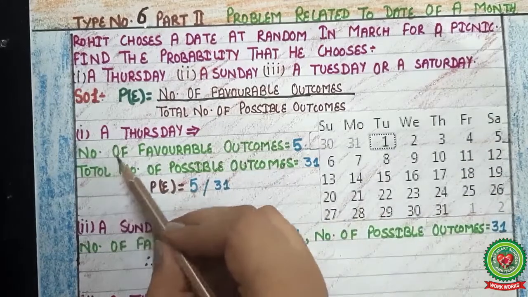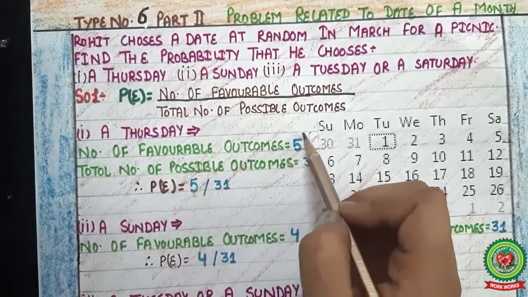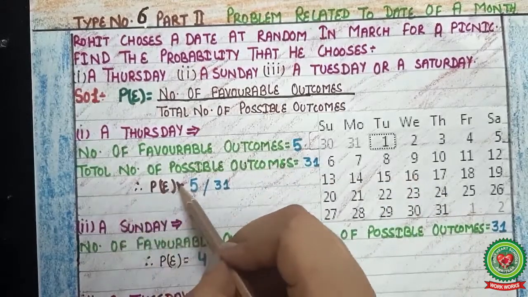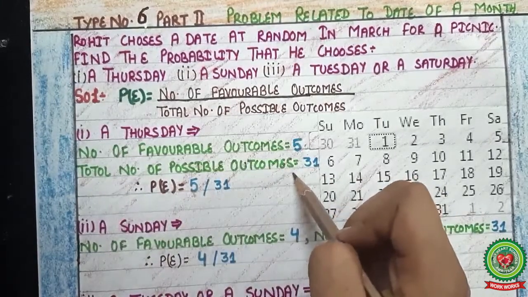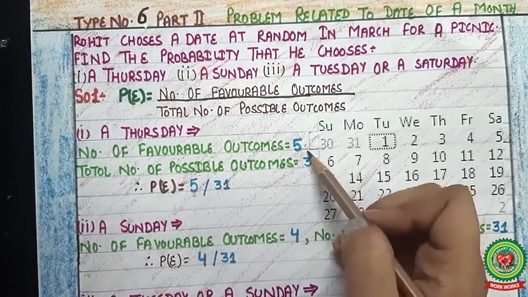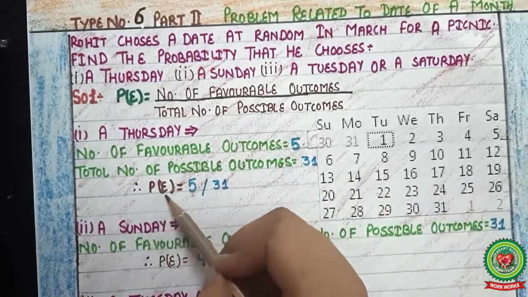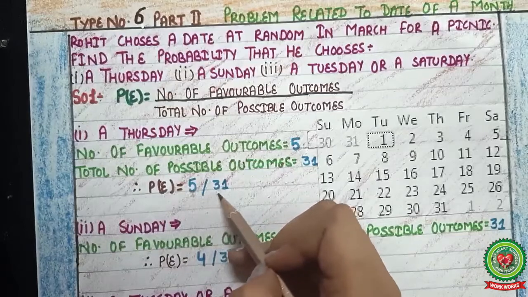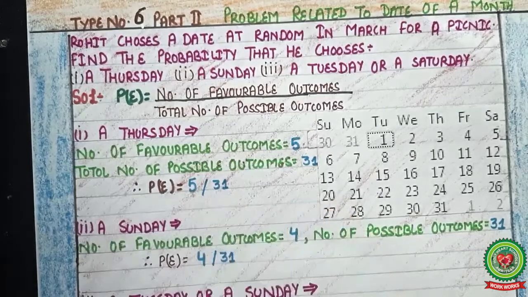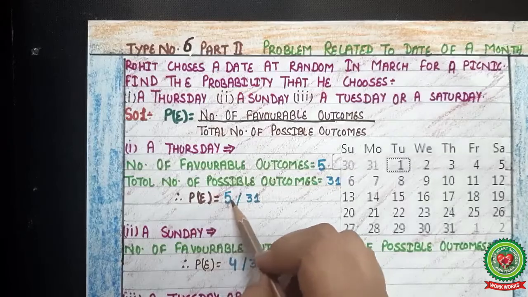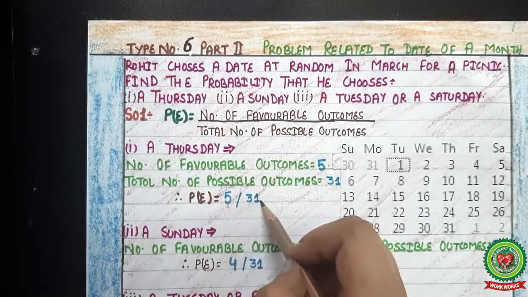Therefore, the number of favorable outcomes is equal to 5, and total number of possible outcomes? How many days are there in the month March? That is 31. Therefore, P of E is equal to 5 upon 31.